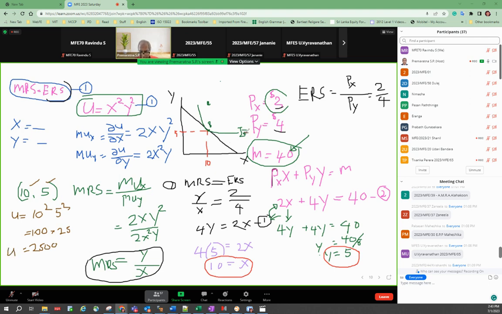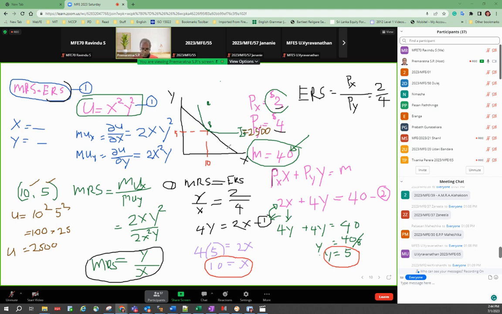Here the value of this indifference curve everywhere is 25,000 level of satisfaction. If you consider satisfaction as welfare, this is the amount of welfare you get.